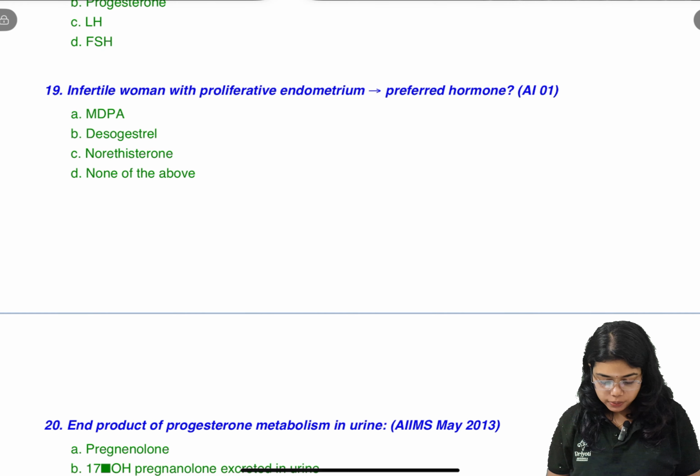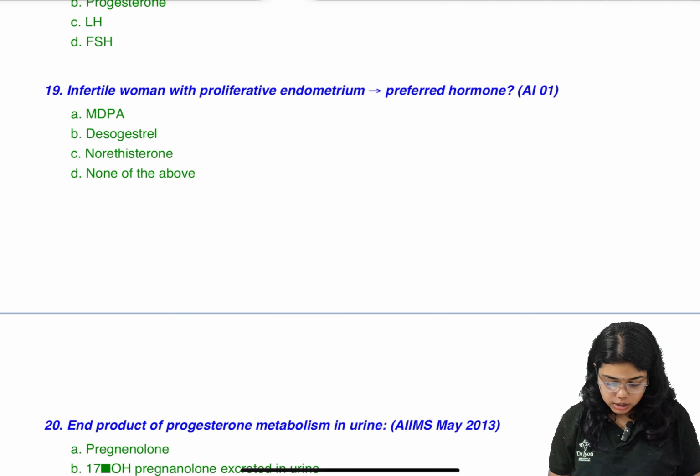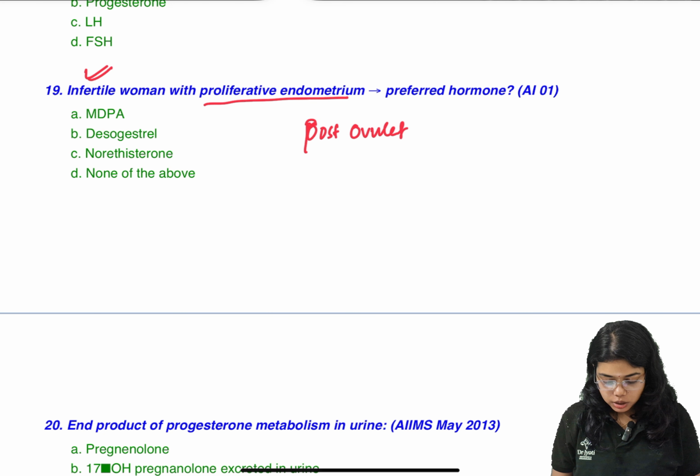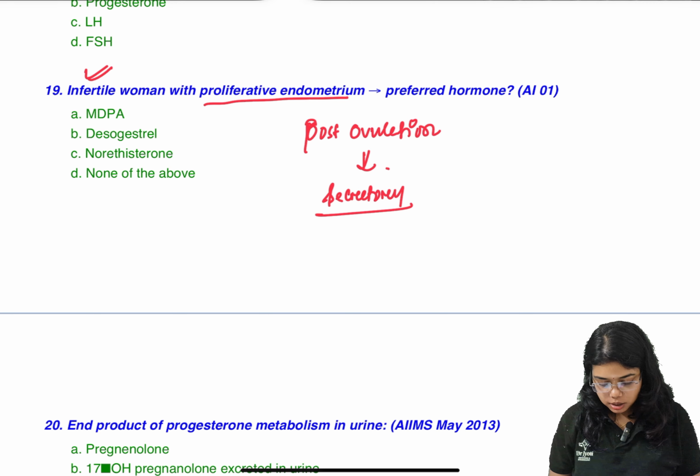Then, infertile women with proliferative endometrium: what is the preferred hormone? If an infertile woman is post ovulation, actually the endometrium should be secretory, but here the endometrium is proliferative.